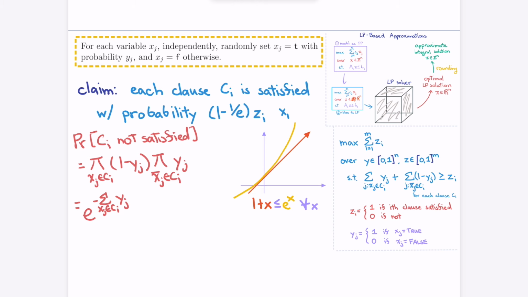Okay, and then for the other product, yj doesn't look like 1 plus x, but 1 plus yj minus 1 does. So it's a little more convenient to write this way, like this. You might have more naturally thought yj minus 1, and I just put a minus sign and swap that.